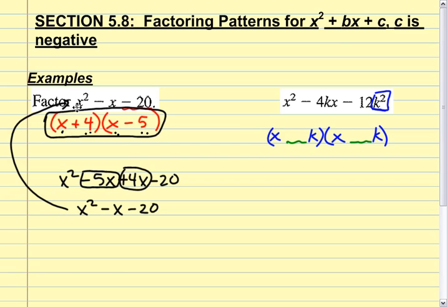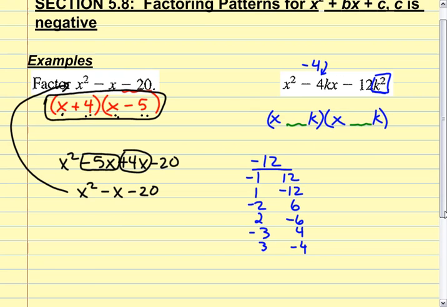Well, let's take negative 12 and we're going to factor it. Remember, you got to write all the pairs of the factors so you can see which ones add together to give you negative 4. Okay? Negative 1, 12. 1, negative 12. Negative 2, 6. 2, negative 6. Negative 3, 4. 3, negative 4.